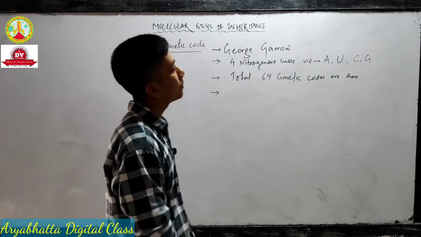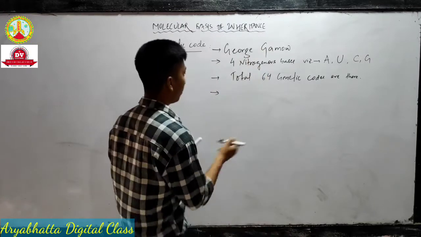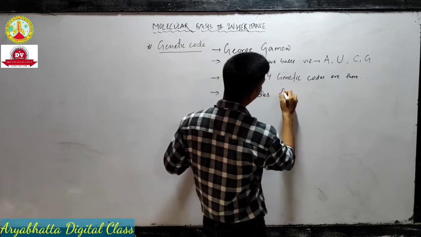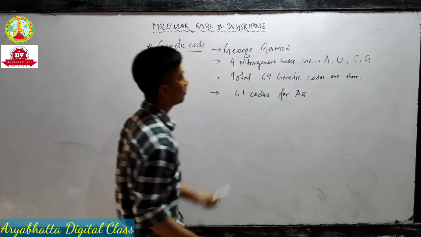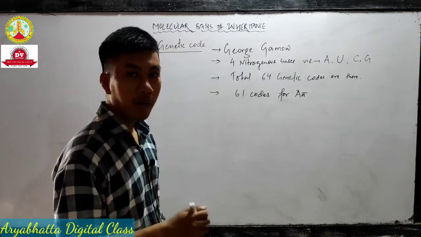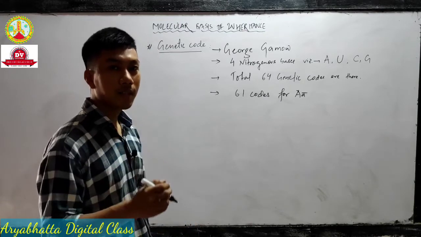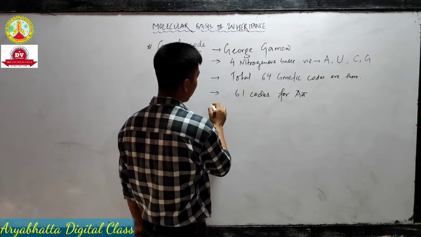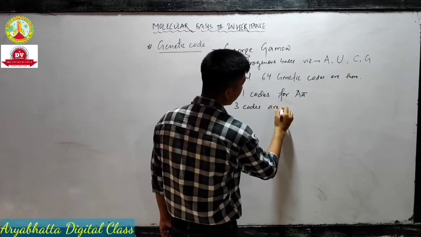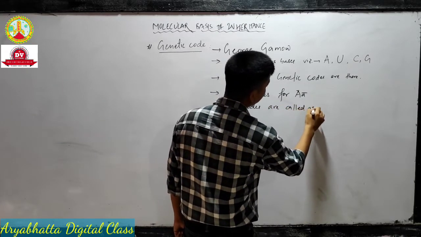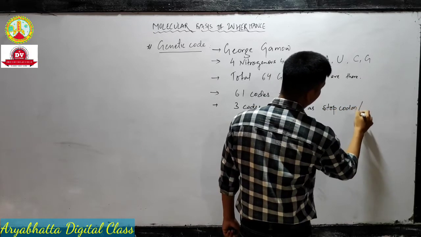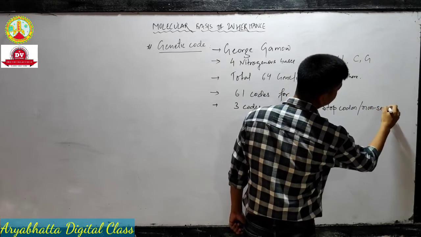Okay. So out of 64 genetic codes, 61 codes for amino acids. What happened to the remaining 3? The remaining 3 genetic codes are called stop codon or nonsense codon.